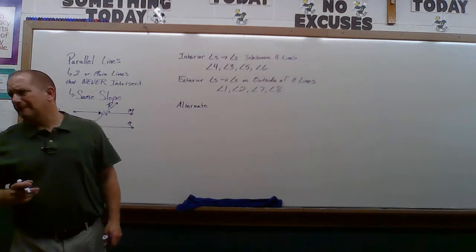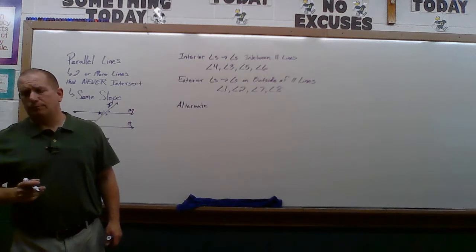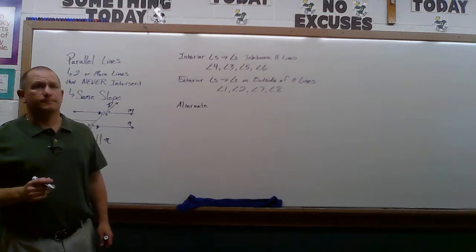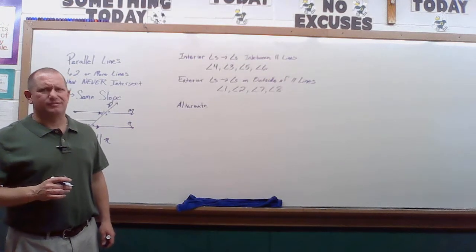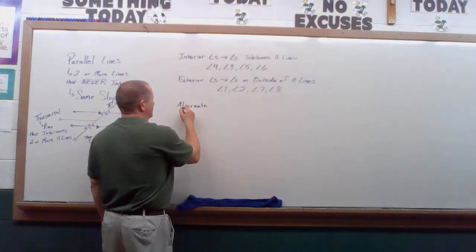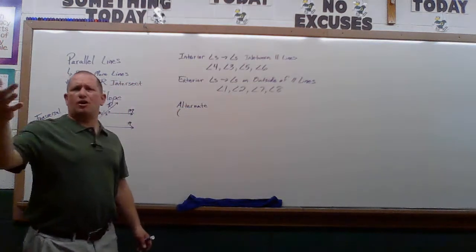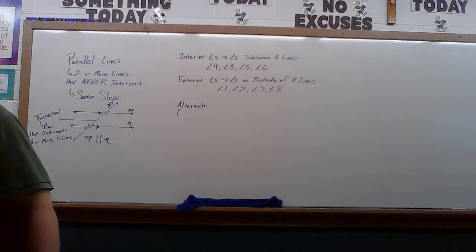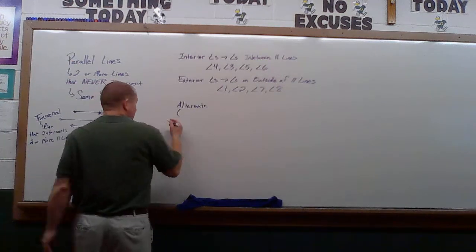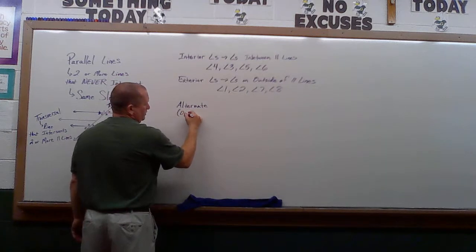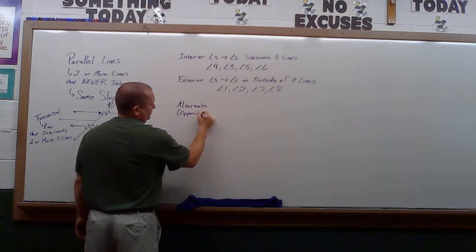Are we going to use these angles to find the slope? No. Alternate in this situation, all those things you said are forms of it. Alternate in our case, we're going to think about the opposite.